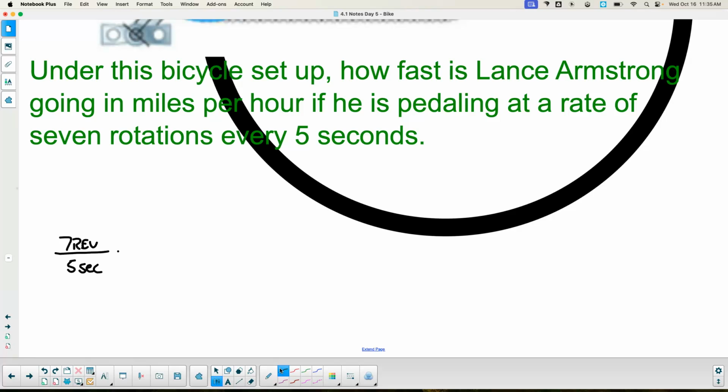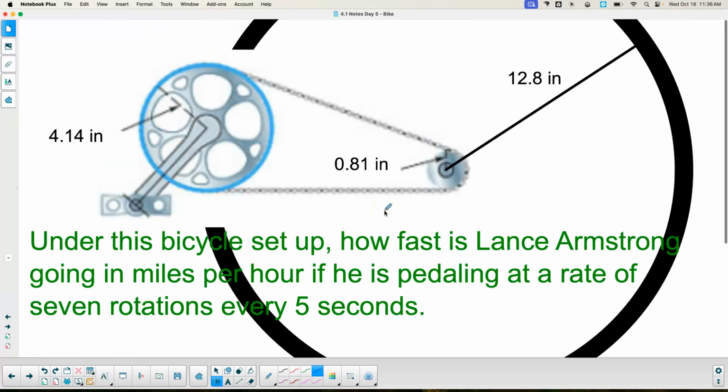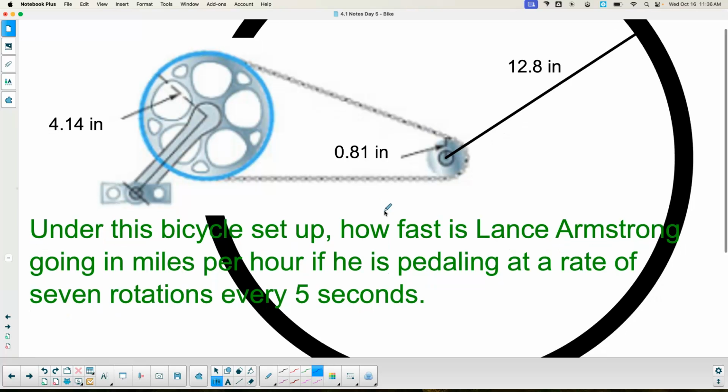So first thing we're going to need is 1 revolution is 2 pi radians. What did we say the radius of the sprocket was? 4.14 inches.